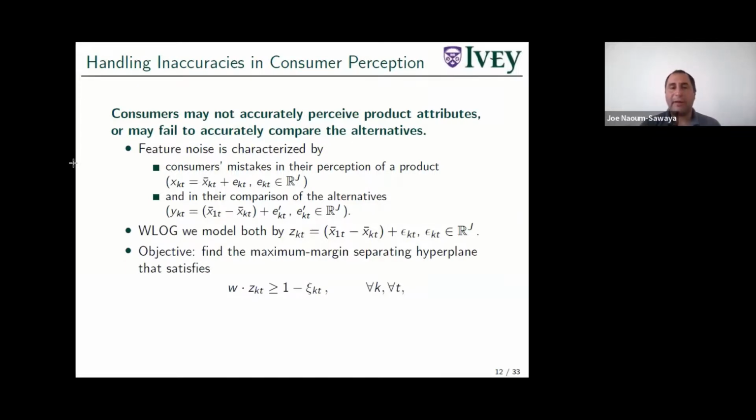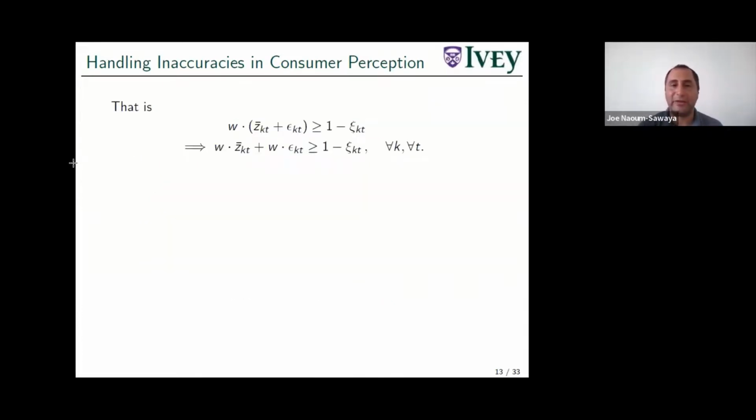So now when I'm finding this maximum margin hyperplane, I'm doing this maximum margin hyperplane optimization while this error exists in the model. So I have this epsilon error in the feature. So I have the correct features, which are Z bar, plus some error due to my perception.